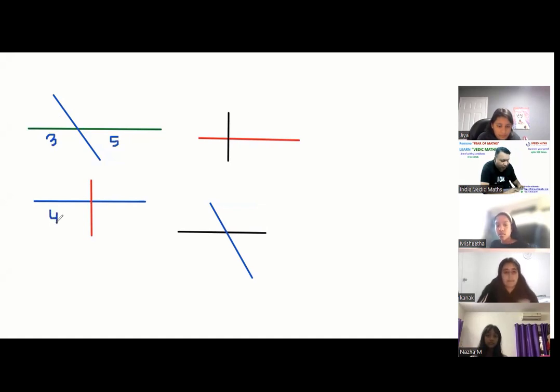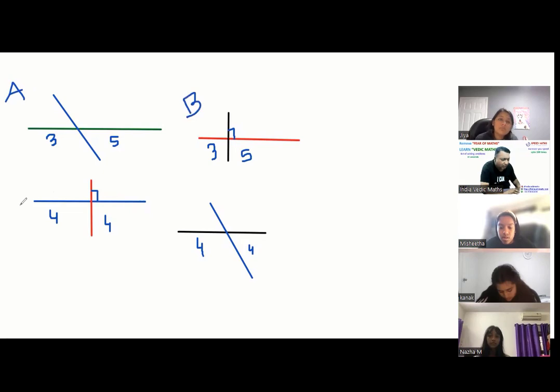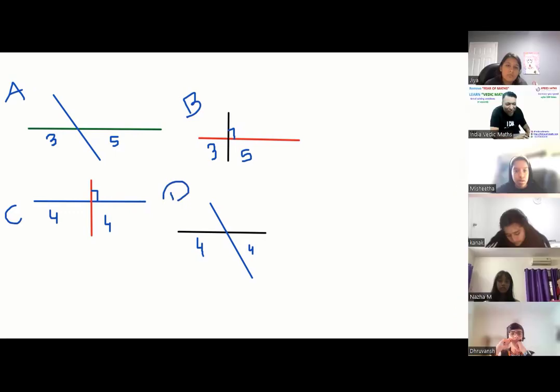This is 4, this is 4. This is 3, this is 5. This is 4, this is 4. This is 90 degrees, this is 90 degrees. Let me name the diagrams A, B, C, D.